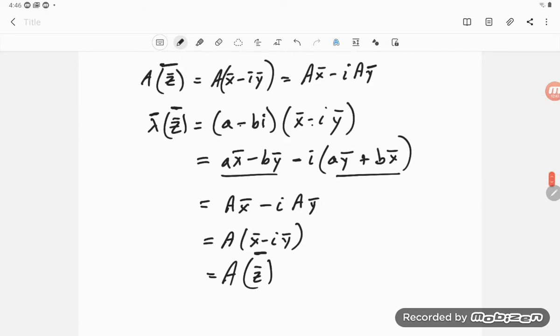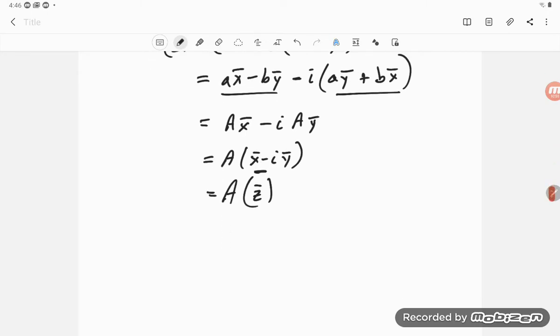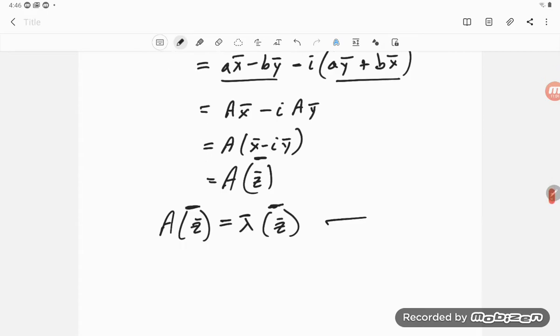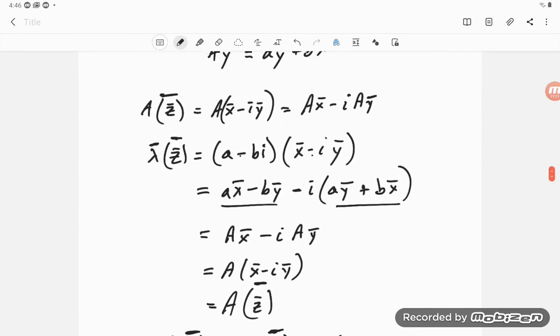There's our proof, because I can rewrite this the other direction: A z conjugate equals lambda conjugate z conjugate. So this fits our definition of an eigenvalue-eigenvector pair, and so that is our proof.